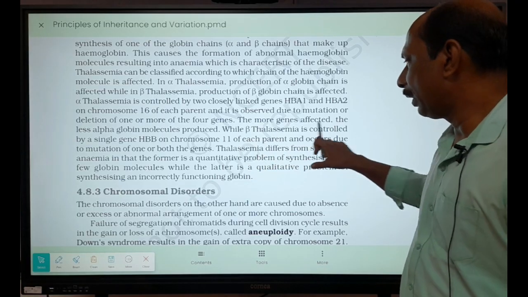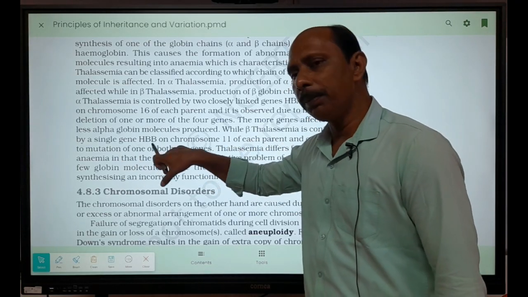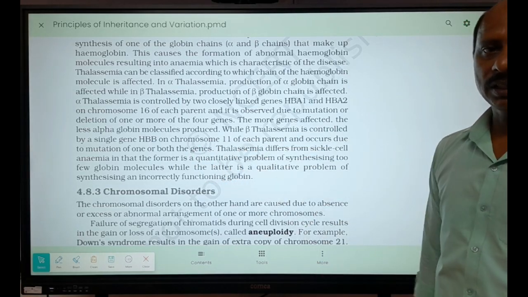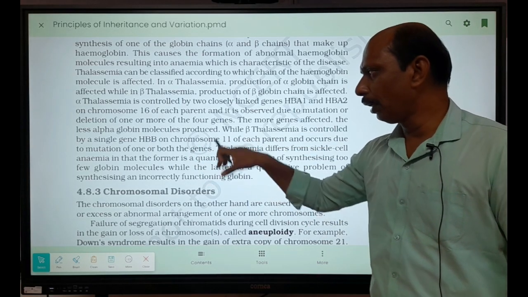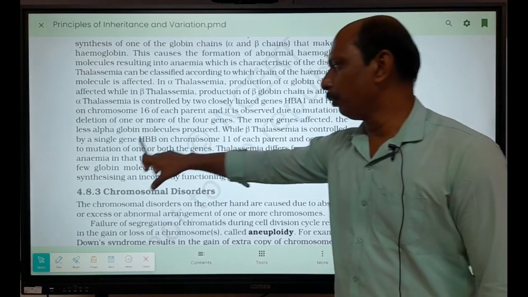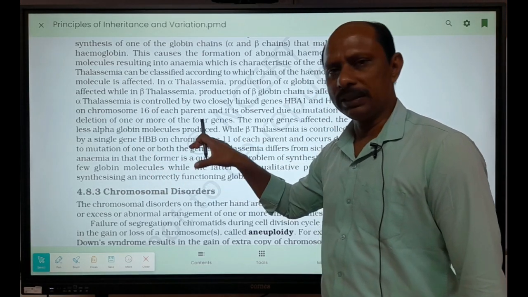While beta thalassemia is controlled by a single gene, HBB, B for beta, A for alpha, right, on chromosome 11. 16 and 11, beta for 11, alpha for 16, of each parent, and occurs due to the mutation of one or both the genes.